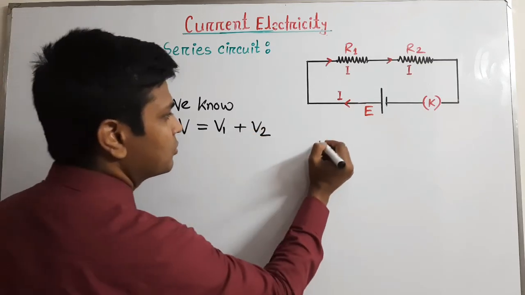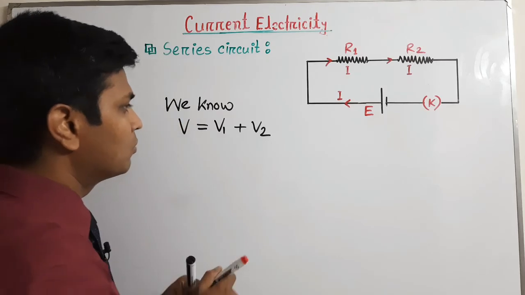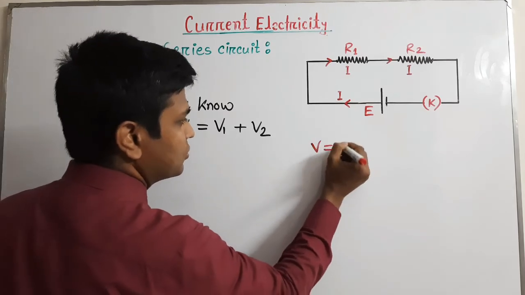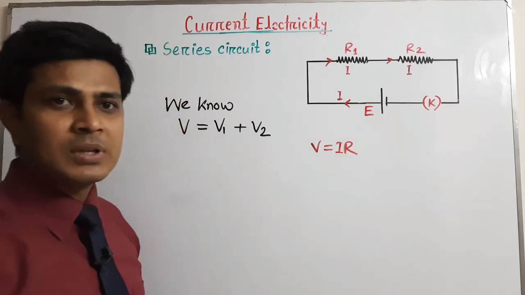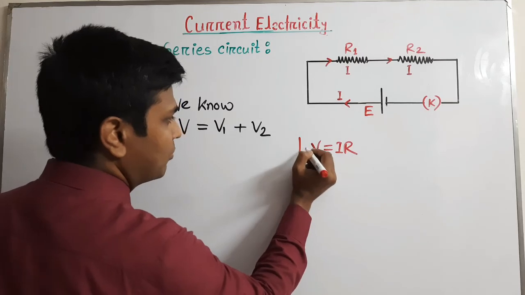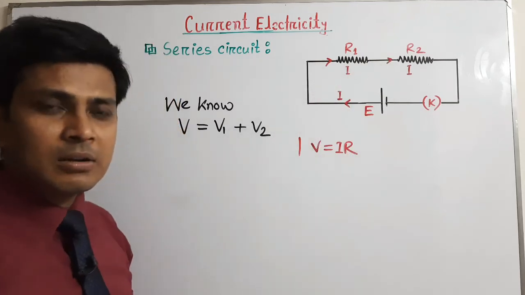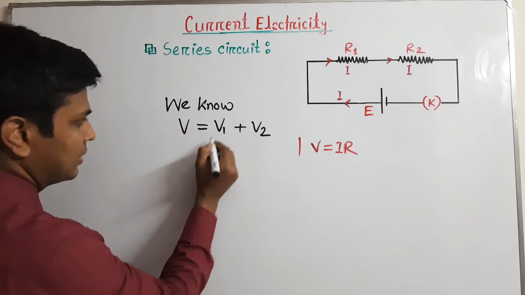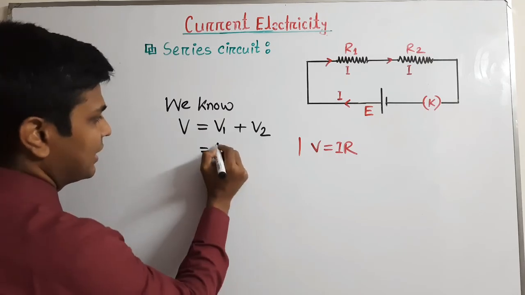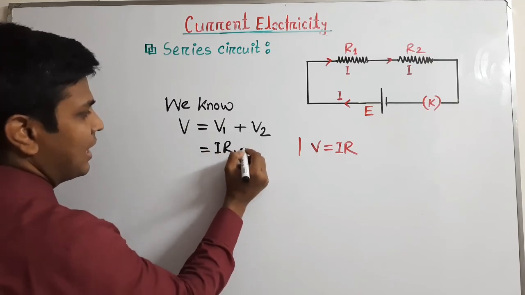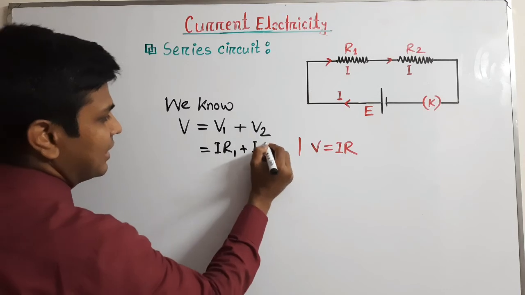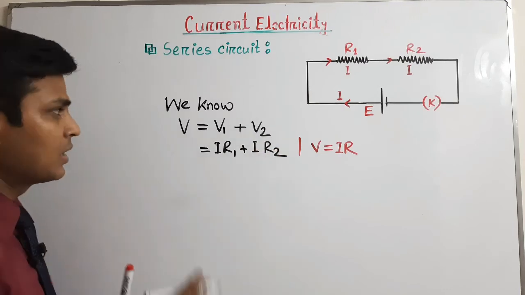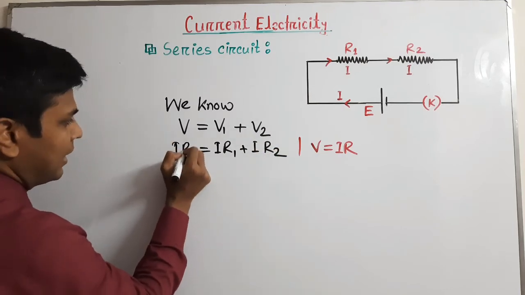According to Ohm's law, the formula is V equals IR. If we put this formula for both resistances, in the case of the first resistance the current is I and resistance is R1, and for the second resistance the current is I and resistance is R2, and the total will be I RS.